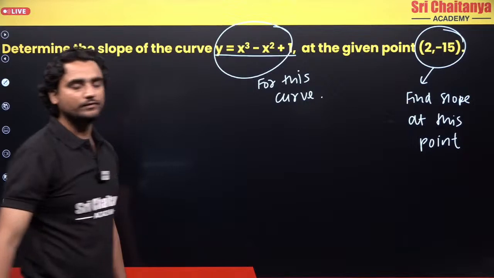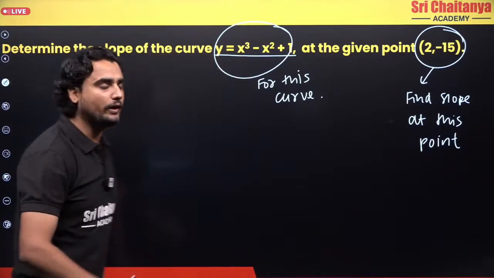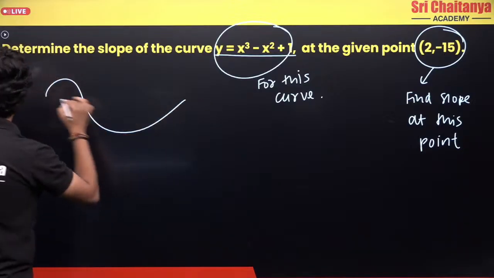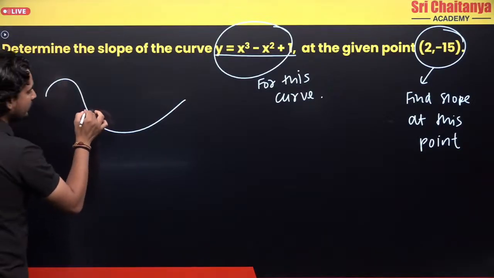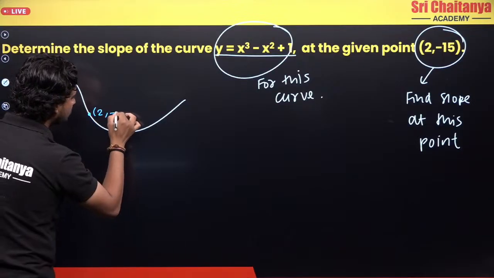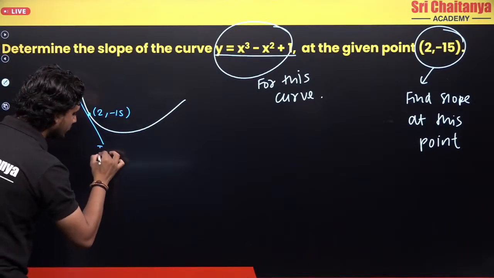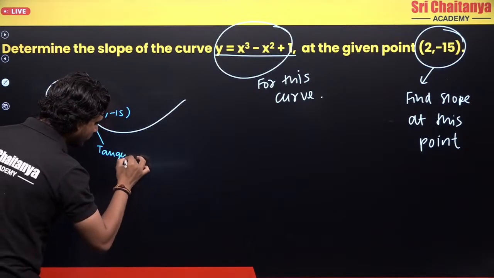This is the simple meaning of this question. So let's say this is my curve, and this point P given in the question is 2 comma minus 15. I want to find the slope for this tangent at this particular point.